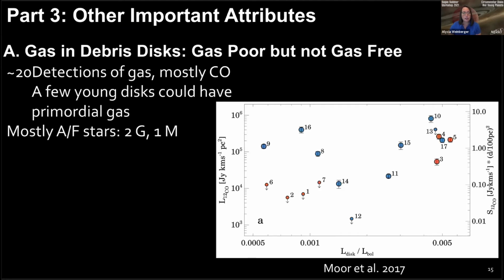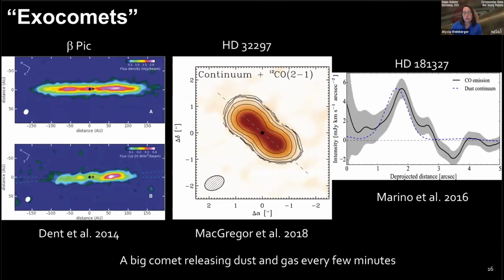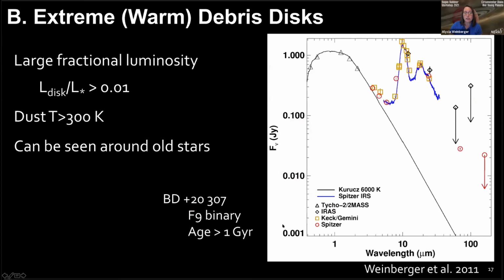And finally, I just want to mention 3 things very quickly, which is that there are 3 other attributes of debris disks that you should know about. One is that they often are gas poor, but they are not gas free. And it appears that the gas and the dust are generated from the same location. And so we assume then that it's comets that are generating both the dust and the gas. Second, there are some really interesting extreme objects that we call extreme debris disks with very high fractional luminosities, warm dust, silicate emission features, and can be seen around old stars, binary stars, and are highly variable.